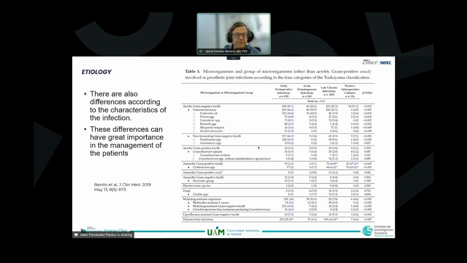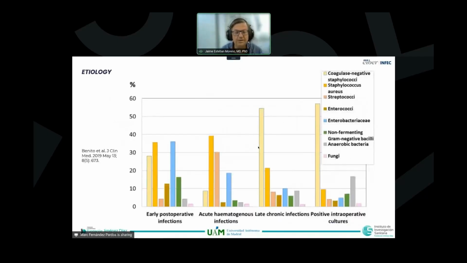In this work by the Spanish group of osteoarticular infections, we can see the differences between early, acute, and chronic prosthetic joint infections, and postoperative positive intraoperative cultures between the different species. In the next slide, we can see a graphic with more easy to read data about the different numbers.